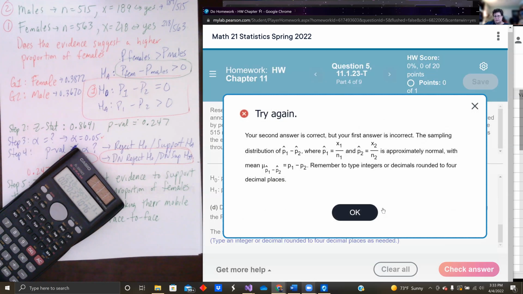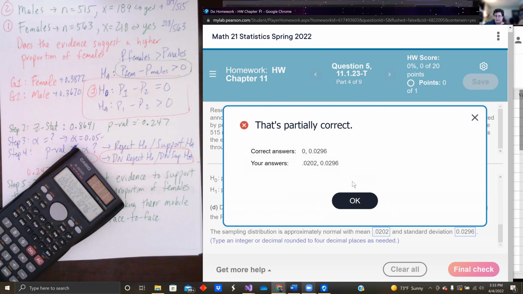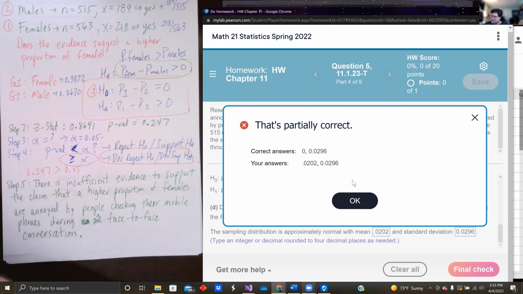They've got a glitch. Did I write down that 218 divided by 563 wrong? Nope. That's right.